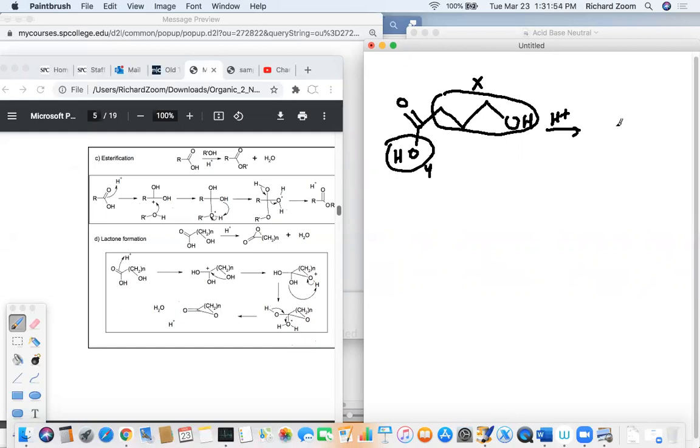The product is going to look like this, 1, 2, 3, 4, 5, plus H2O as a product. So let's look at the mechanism for it, and that will help you to see the pattern here. This is a mechanism you definitely have to know anyway.